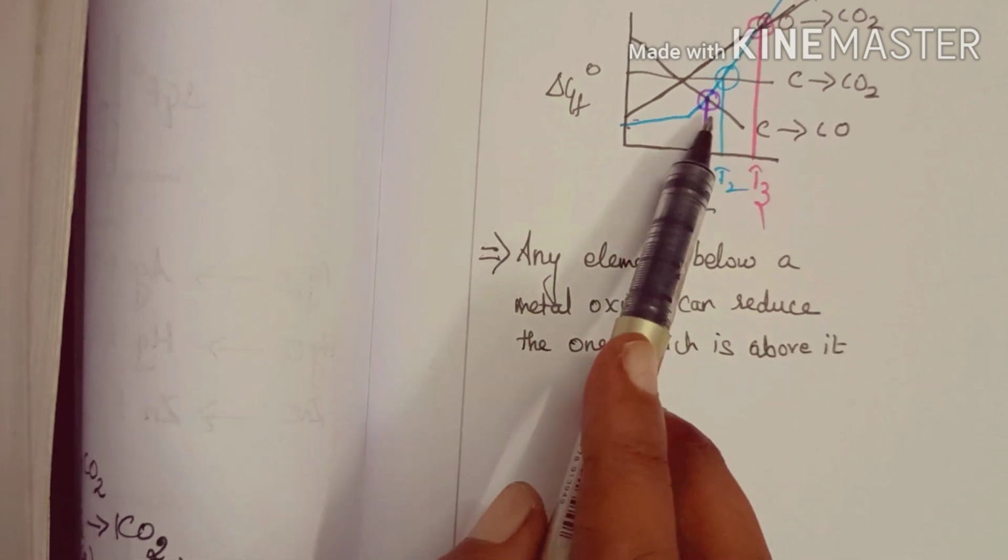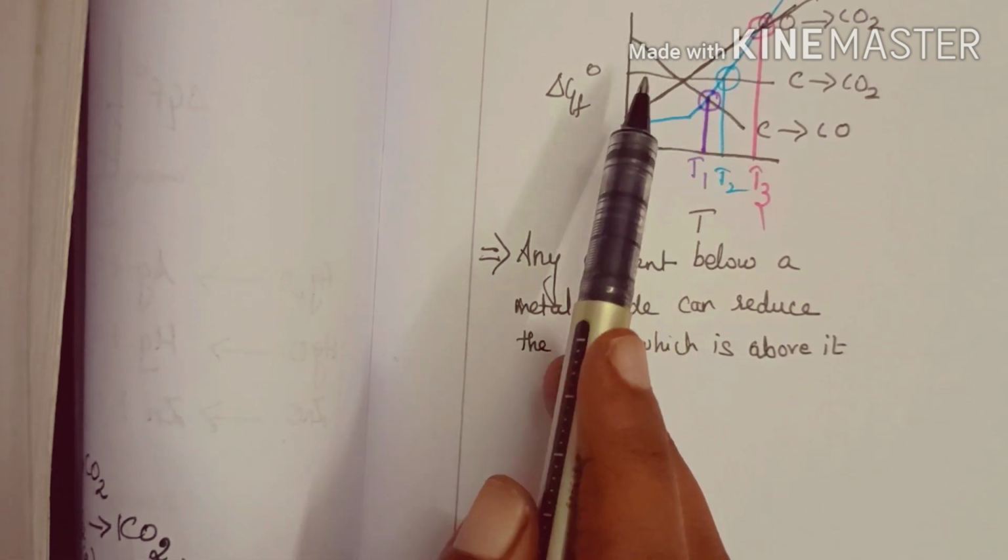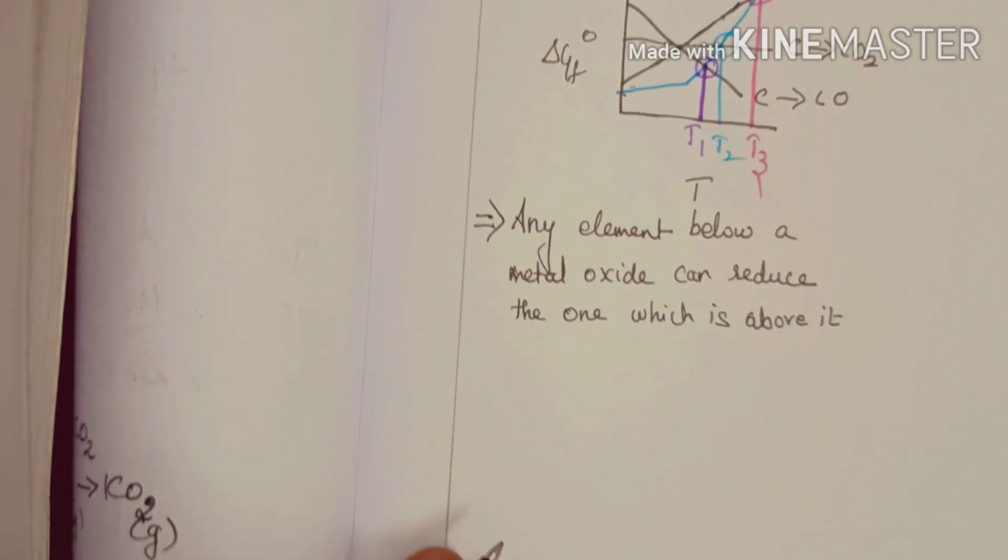So the metal oxide which is present below can reduce the metal which is present above it. This is your first one.